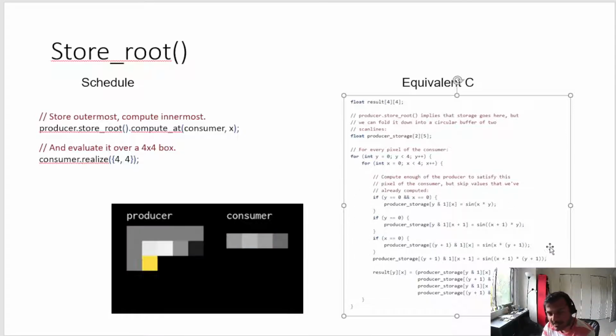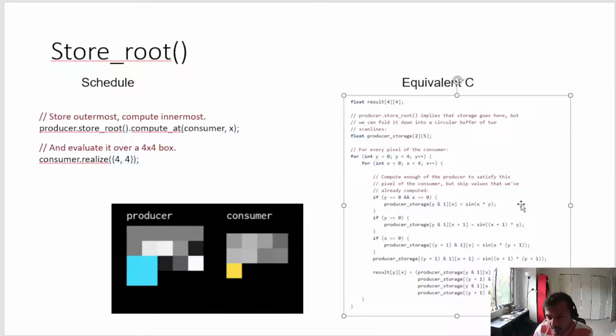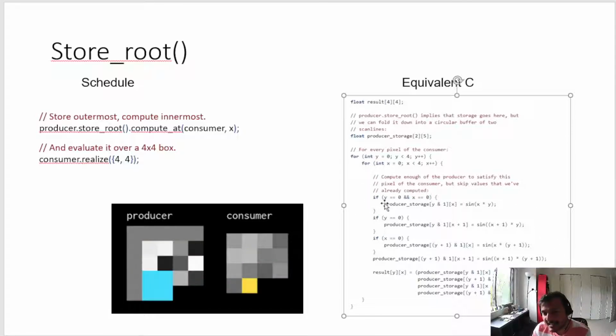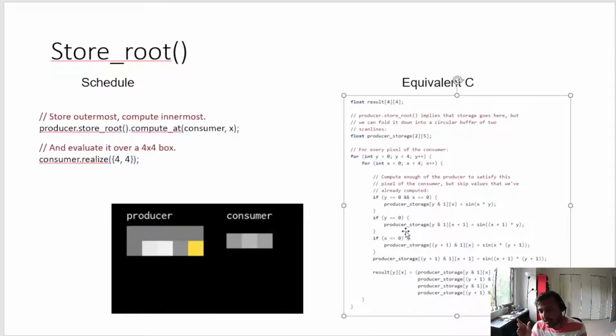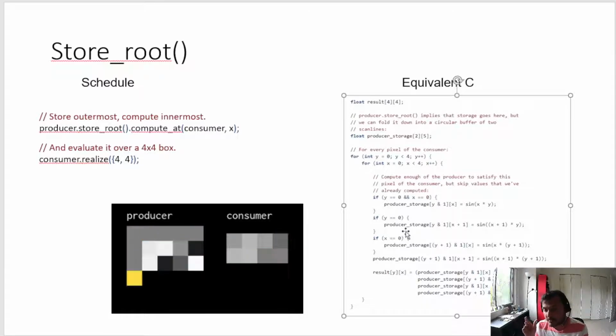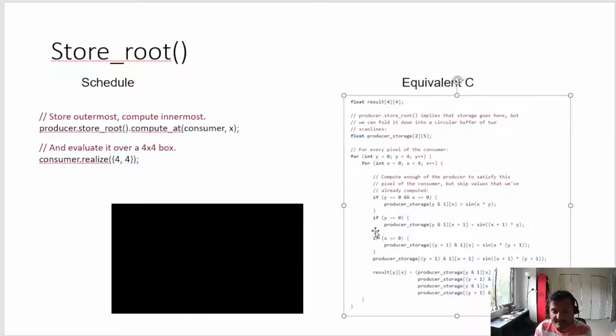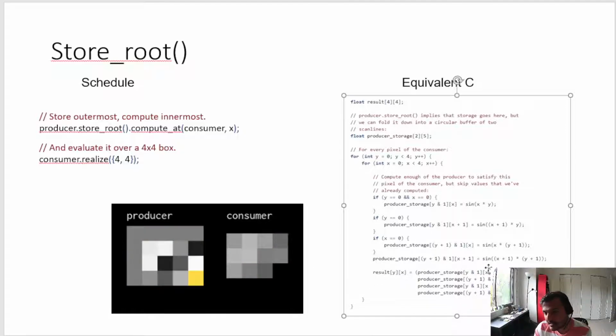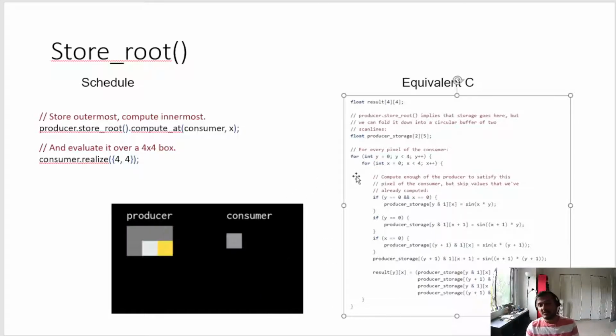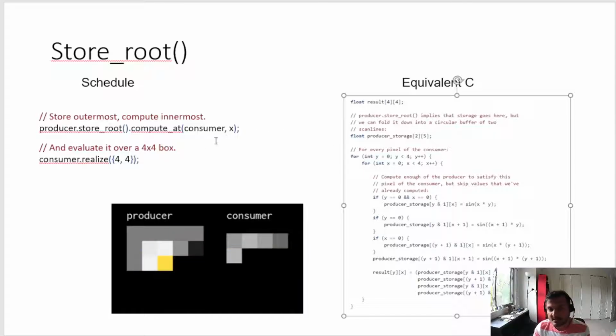So this whole step is the producer storage computation, and then these if logics basically ensure that you only compute the non-overlapping scanline or non-overlapping pixels in the producer. And then once you have it, for the result, just take these values and average them, and then move on to the next one, move on to the next one. So this is how this whole loop is done.